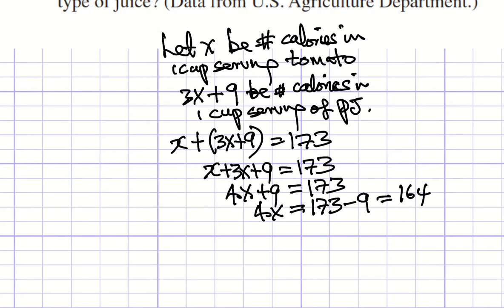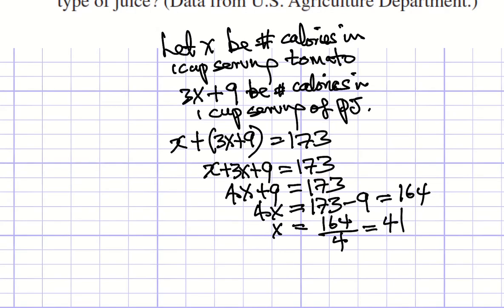Then you divide by 4, you get x is equal to 164 over 4. What do you get there? If you divide that, you get 41.